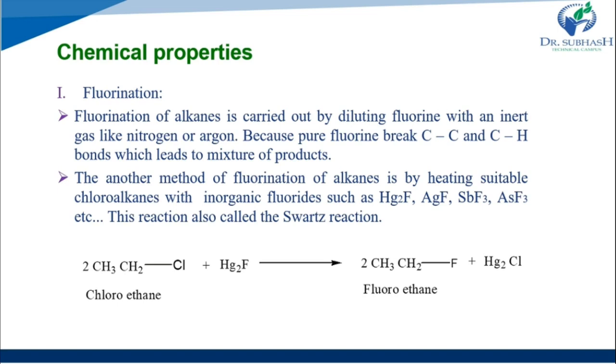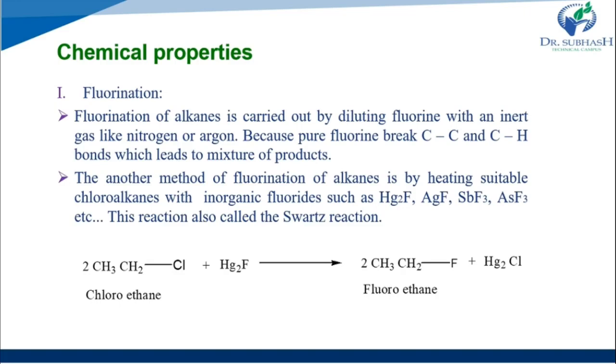Okay, so another method of fluorination of alkane is by heating a suitable chloroalkane with an inorganic fluoride such as Hg2F2, AgF, SbF3, and CoF3. This reaction is also called Swarts reaction.